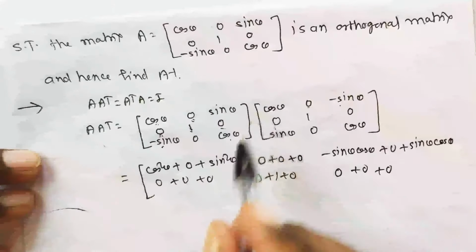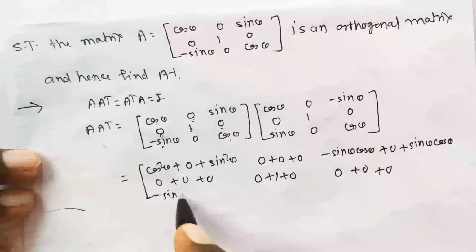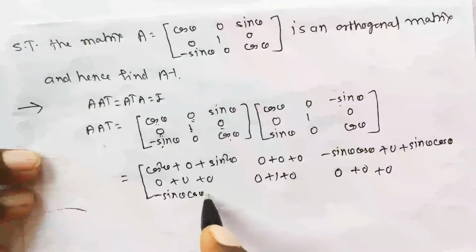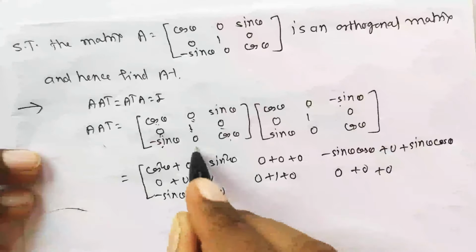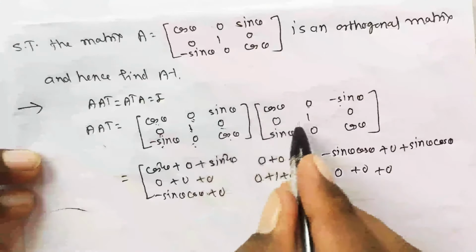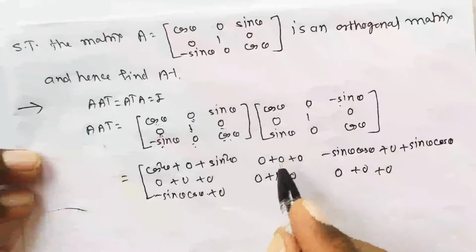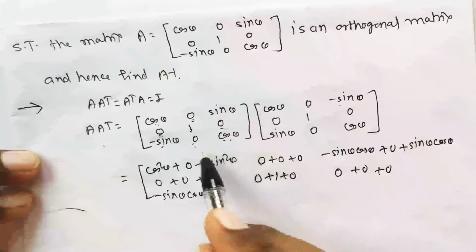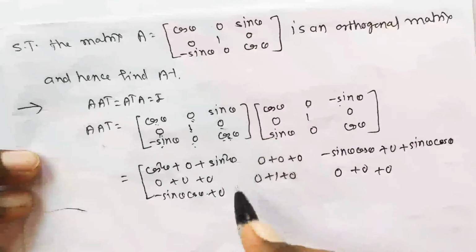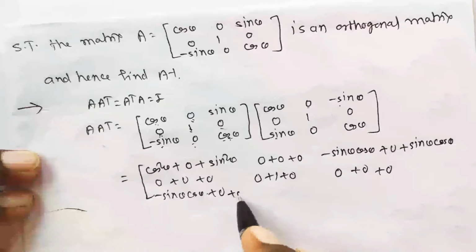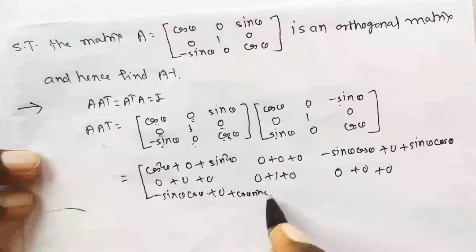Then minus sin theta into cos theta, that is minus sin theta cos theta, plus 0 into 0 is 0, 0 into 1 is 0, and cos theta into sin theta, so plus cos theta sin theta.